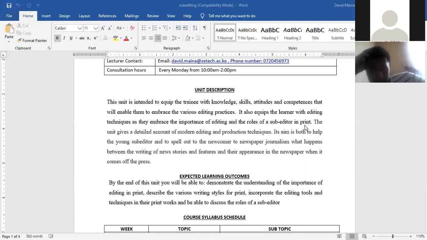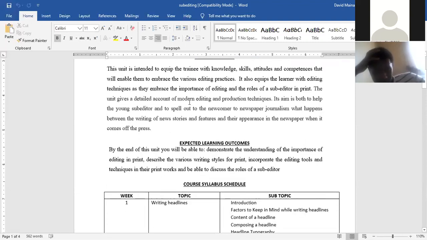Its aim is both to help the young sub-editor, that is you, and to spell out to the newcomer to newspaper journalism what will happen between the writing of news stories, features, and their appearance in the newspaper when it comes off the press.